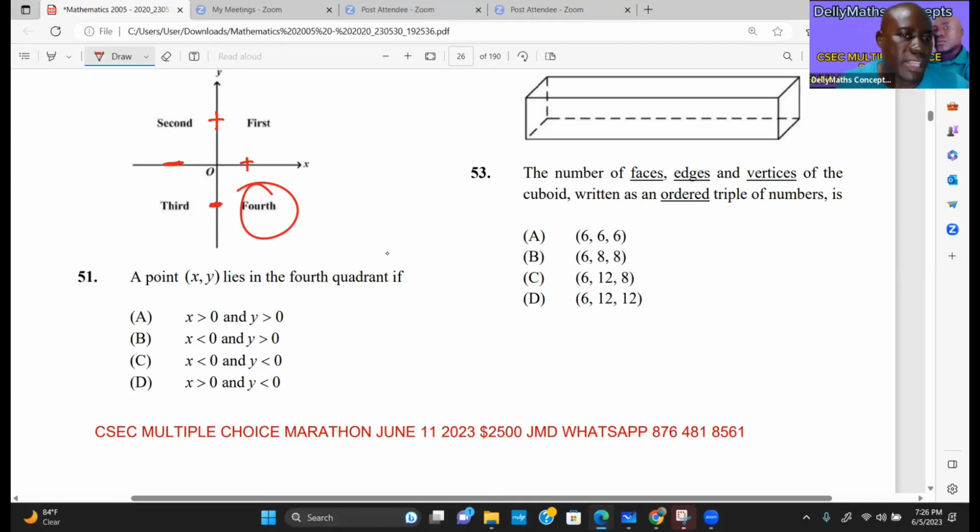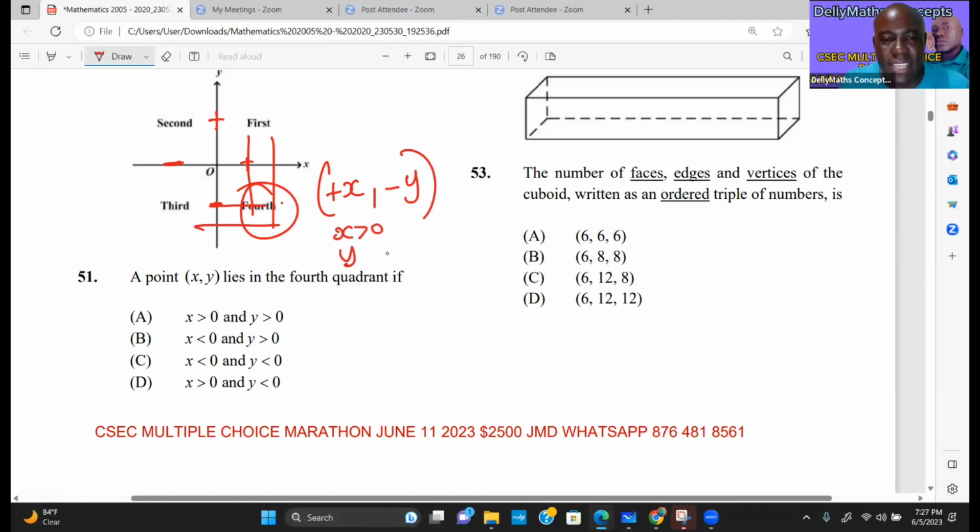I want you to look for yourself. In the 4th quadrant, you will be meeting positives and negatives. Positive meets negative right here. That means x is positive, y is negative. Now, if x is positive, remember the idea, that means it's greater than 0.